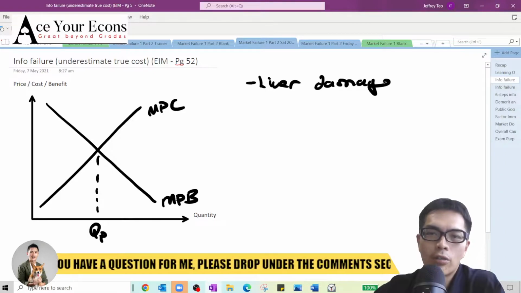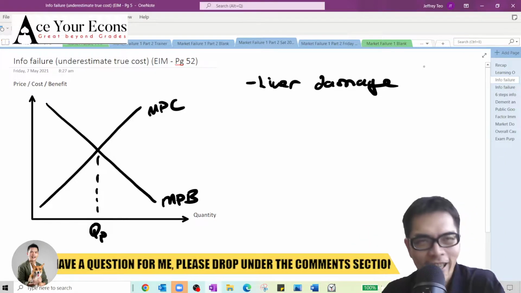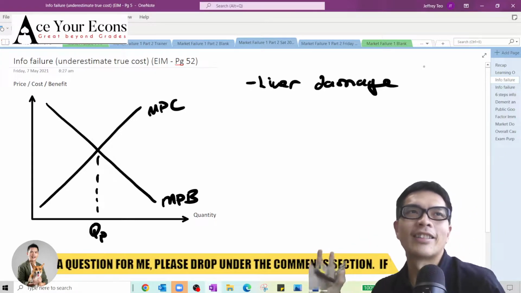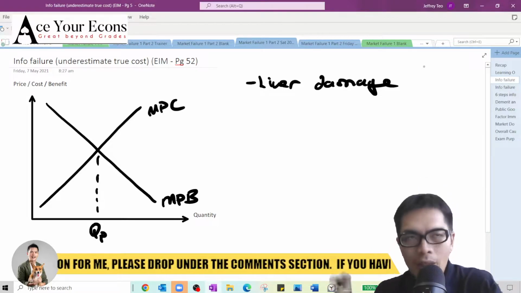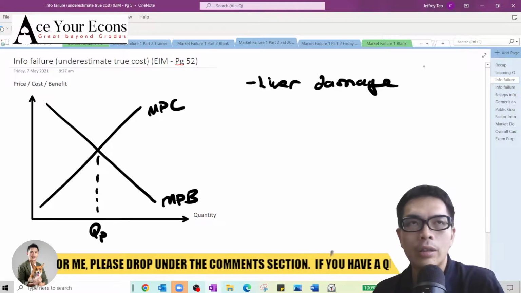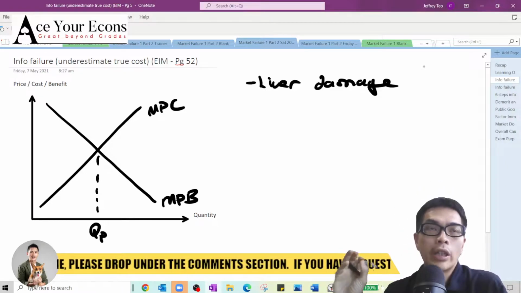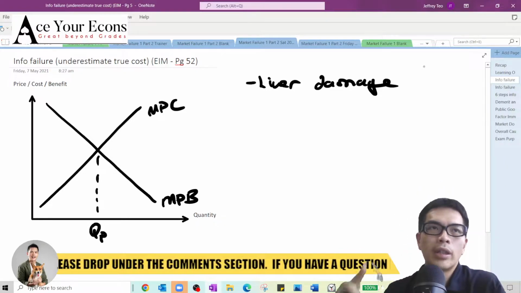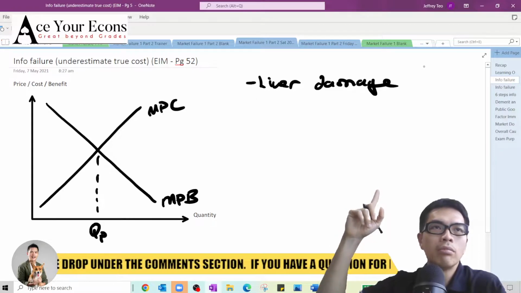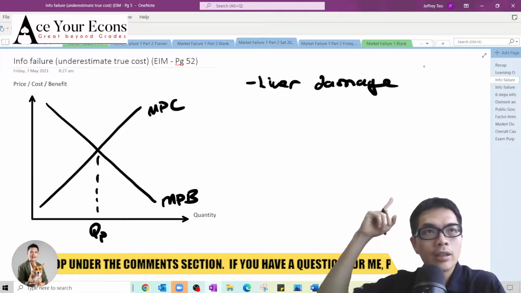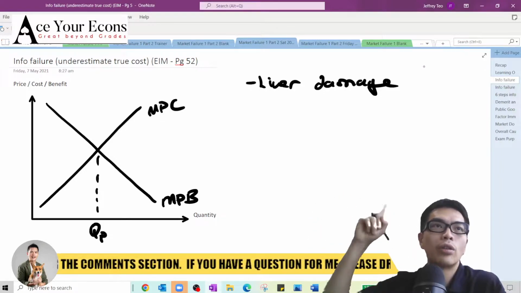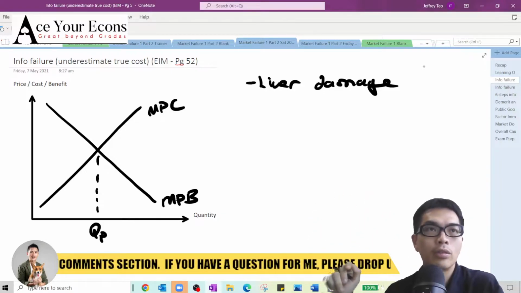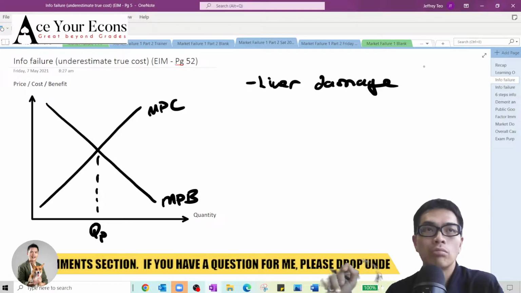Cirrhosis, I can't recall the term. But liver damage is definitely something that's going to happen in the long run. For the consumer, would they necessarily know this outcome? Because this will only happen in the long run, and most importantly, there is no guarantee that the consumer will suffer from liver damage.